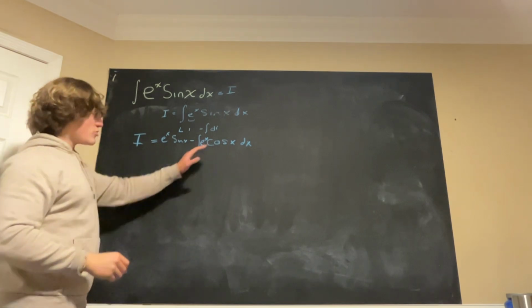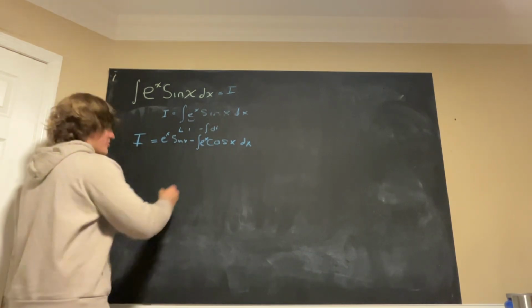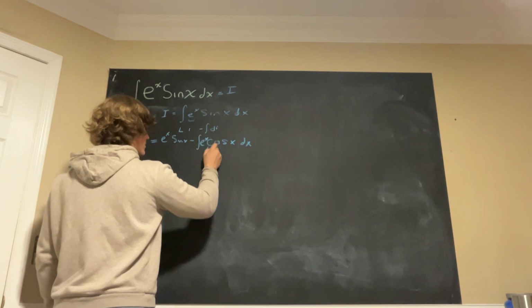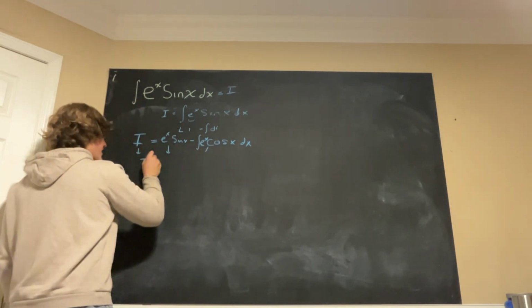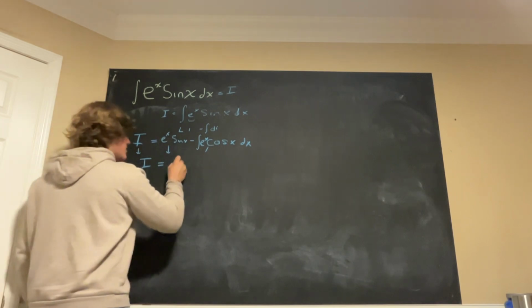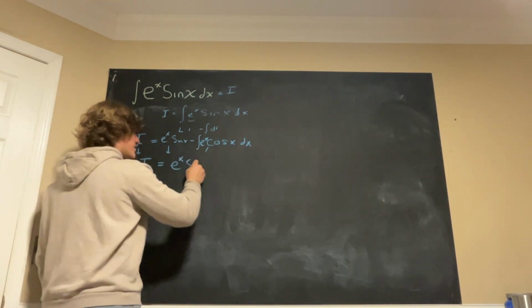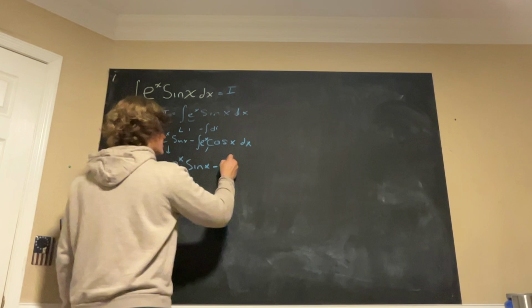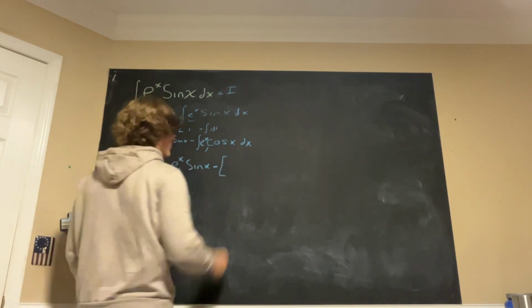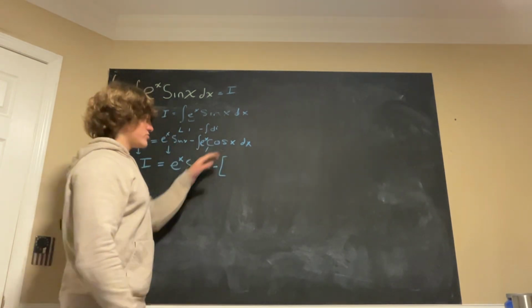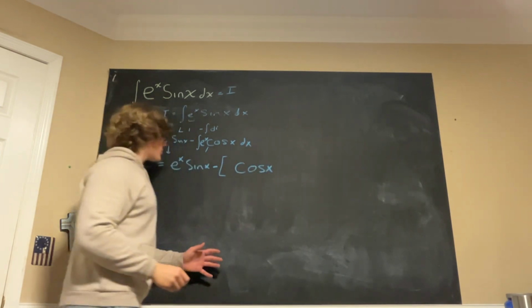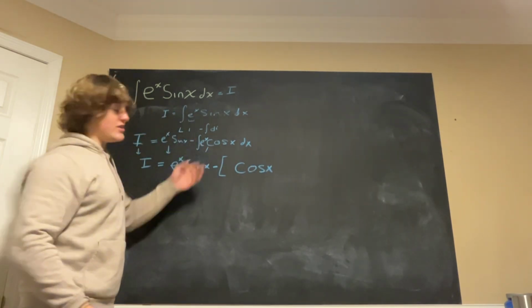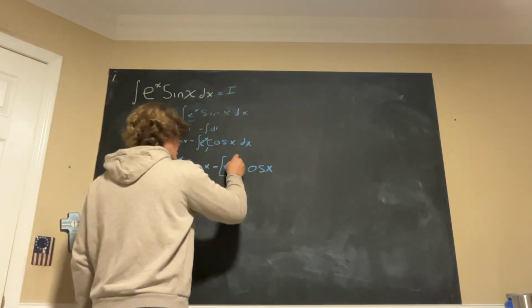So now, we are going to do another integration by parts on this integral right here. So let's bring this down, and we get that I is equal to e to the x times sine x minus, what I'm putting in brackets now. So you leave cosine x, you have cosine x, then you multiply the integral of e to the x, which is just e to the x once again, to that.